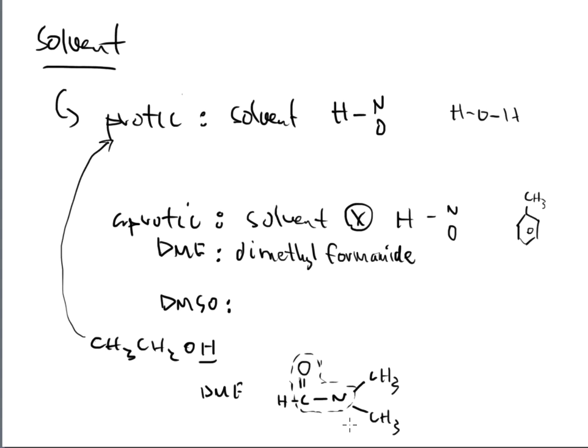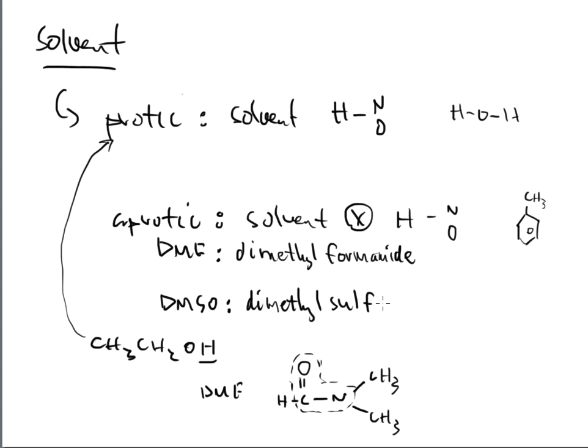Now, what about DMSO? Well, the D here, what do you think it stands for? Good, di. What do you think the M stands for? Absolutely, that stands for methyl. What does the S stand for? This is going to stand for sulfur, but we don't write out the entire word sulfur. We just write sulf.